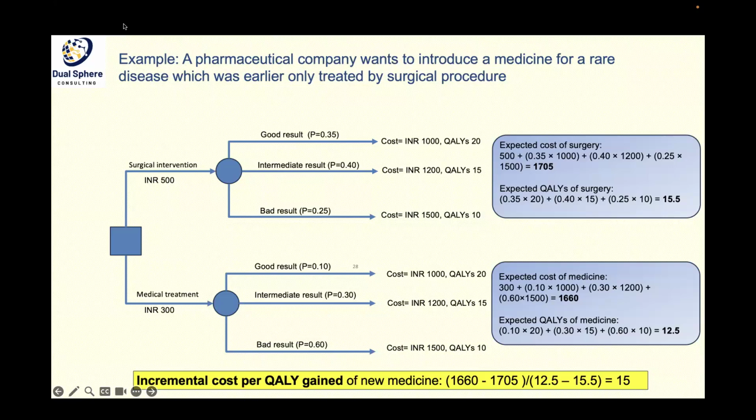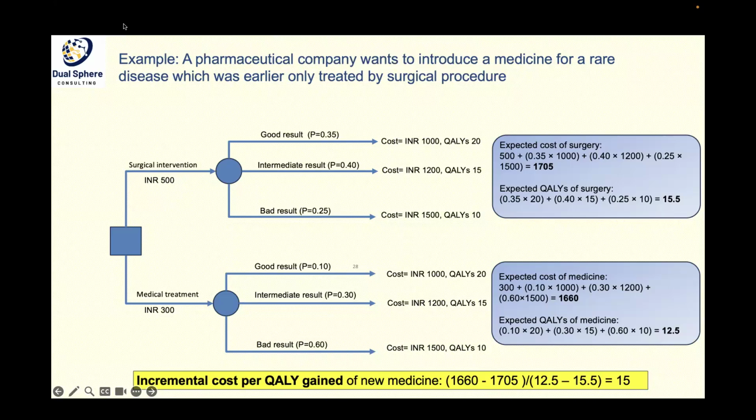With every QALY gain, you have to pay an additional 15 rupees. This is how you interpret it. This actually means that with surgical intervention you will have to pay extra. How much extra? For every QALY gain you will have to pay 15 rupees extra.